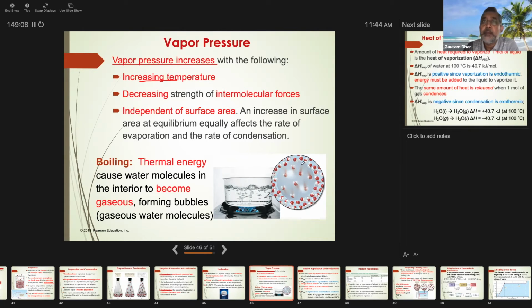If you look at the bubbles, they're not air. When you see bubbles coming out from boiling water, you have the vapor of water inside, and that rises and tries to escape into the atmosphere. So remember that there's no air inside, but water vapor inside the bubble.